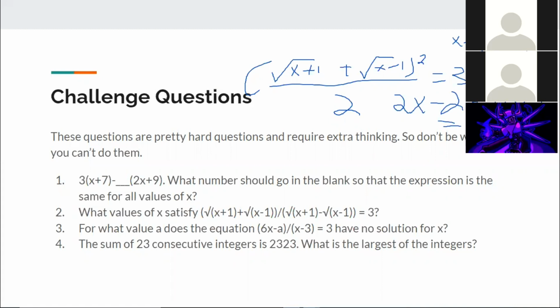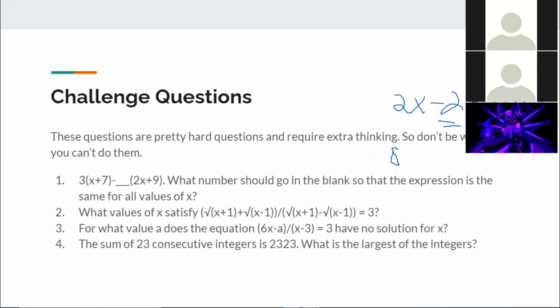Then you subtract 2x from both sides, so you're going to get 6 minus 2x is equal to 2 root x squared minus 1.